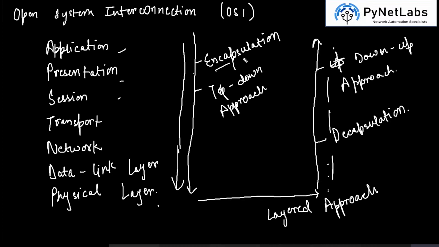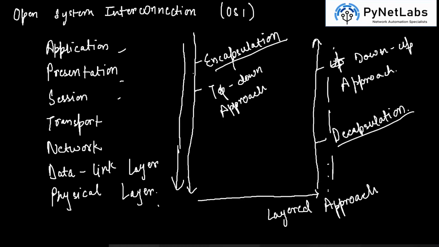So is it clear how encapsulation and decapsulation works with OSI or TCP/IP model? We will talk more about TCP/IP after the completion of OSI. TCP/IP is nothing different, but it has some different layers.